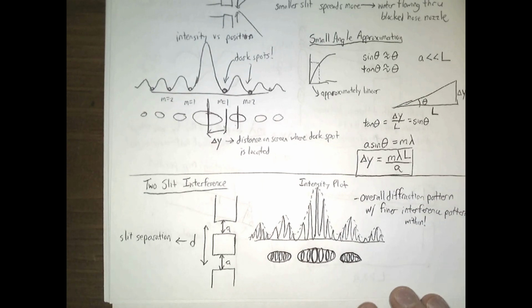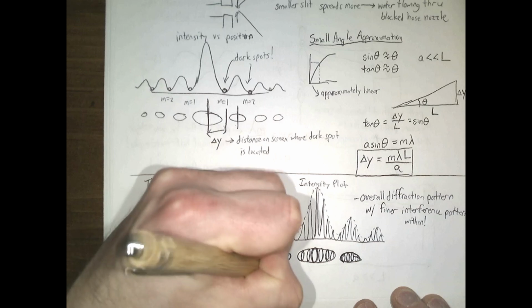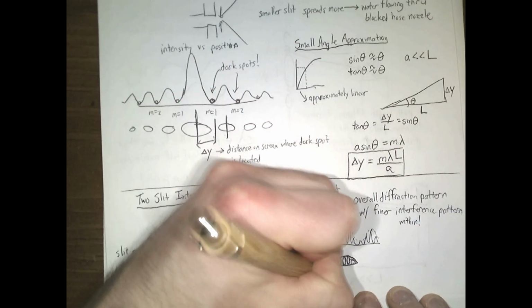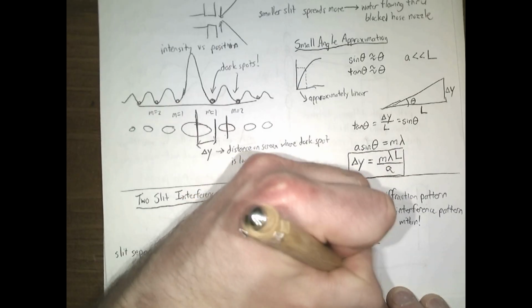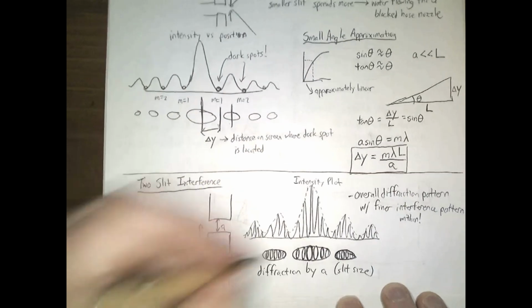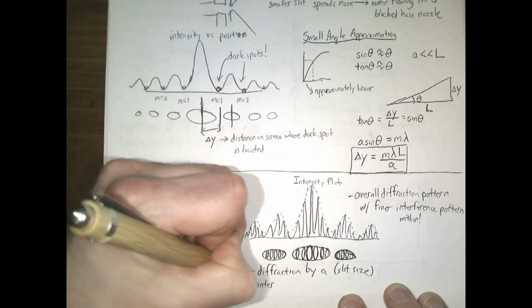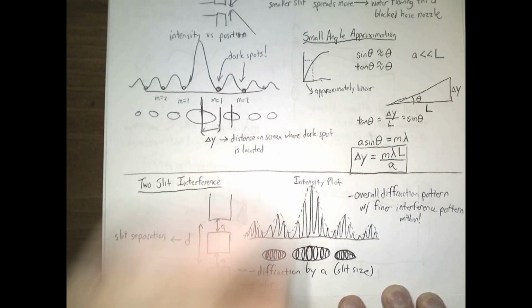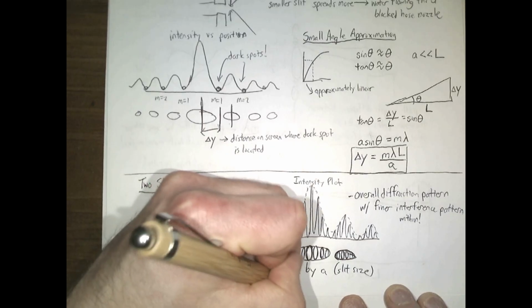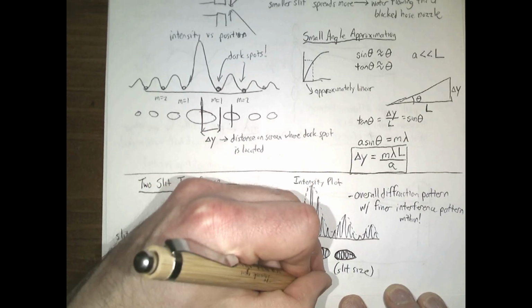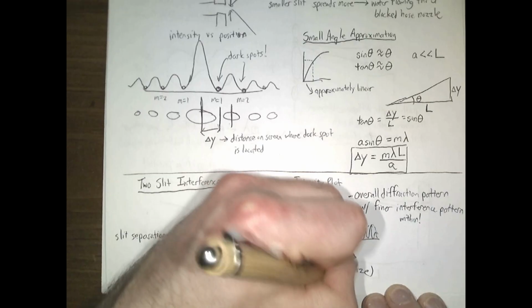It's worth noting that the diffraction is controlled by the slit size. So diffraction is the dotted line, and interference is the solid line. It's controlled by D, the slit separation.